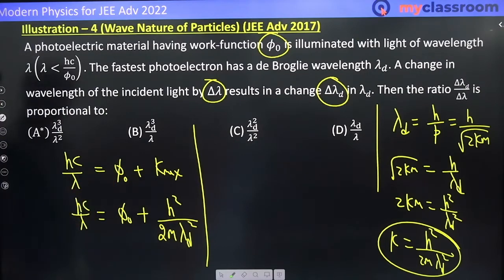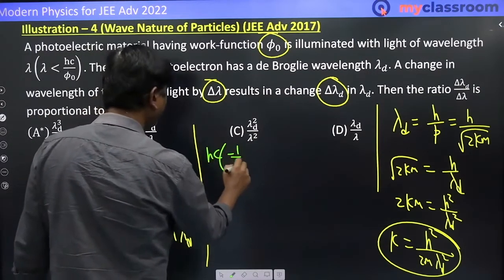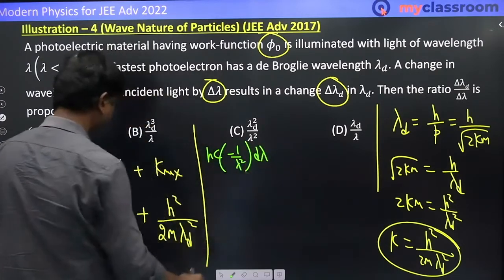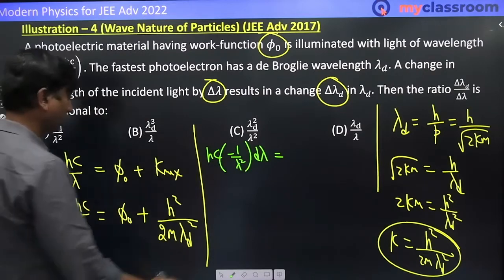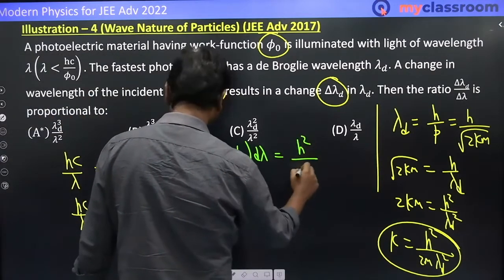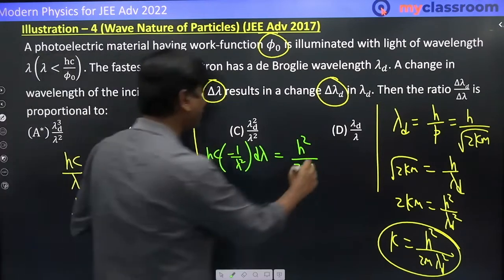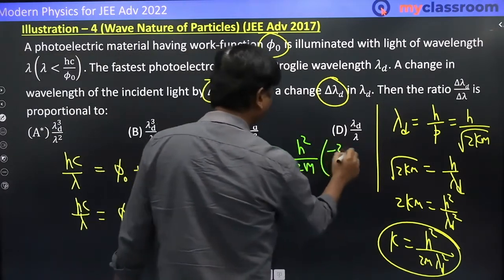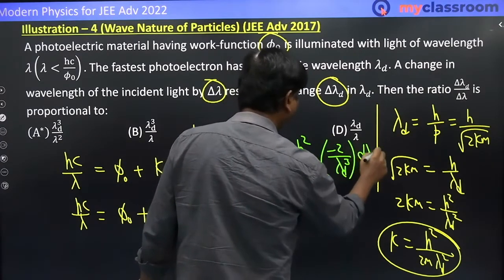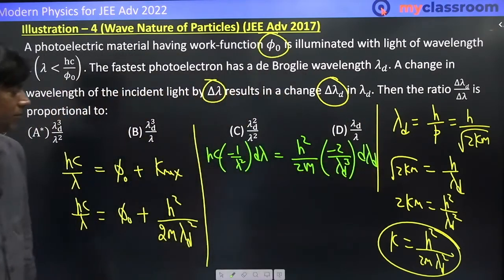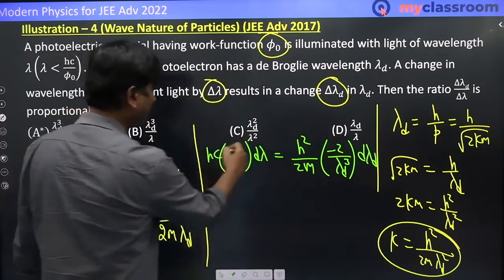Now you differentiate. hc by lambda will be hc into minus 1 by lambda square into d lambda, equal to differentiation of work function, constant, 0. So here you will get h square by 2m, and 1 by lambda d square differentiation will be minus 2 by lambda d cube into d of lambda d. Right. Now simply minus minus cancels.